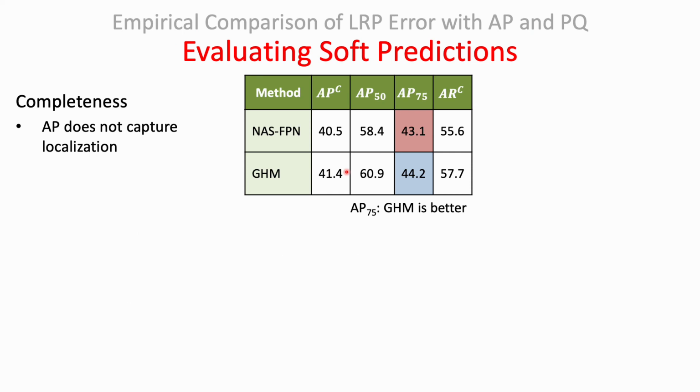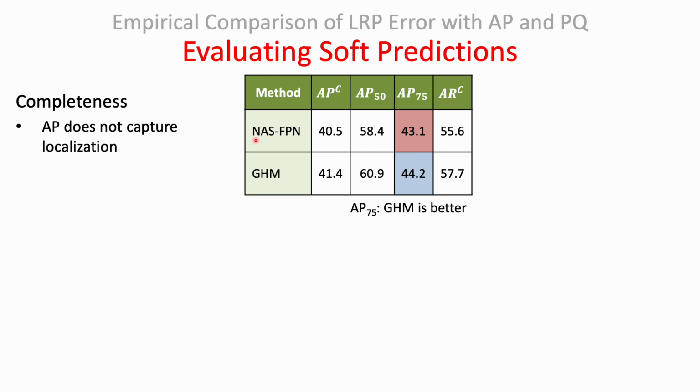If you look at the object detection problem, which uses soft detection outputs, in that we have confidence scores for each detection, we see that average precision actually is not capturing the overall performance of a detector very well.